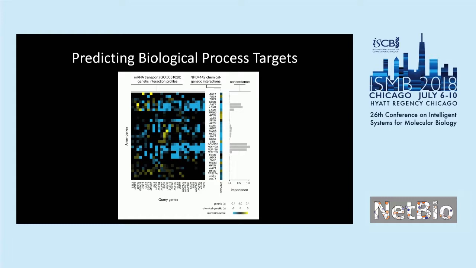And on the right side, because the heat map is a little damped in the dynamic range, we show you more quantitatively where these profiles are actually lining up. And what you can see here is the strongest concordance is driven by genes that are involved in mRNA stability and the nuclear pore, which is involved in transporting the mRNA out of the cell, or excuse me, out of the nucleus.